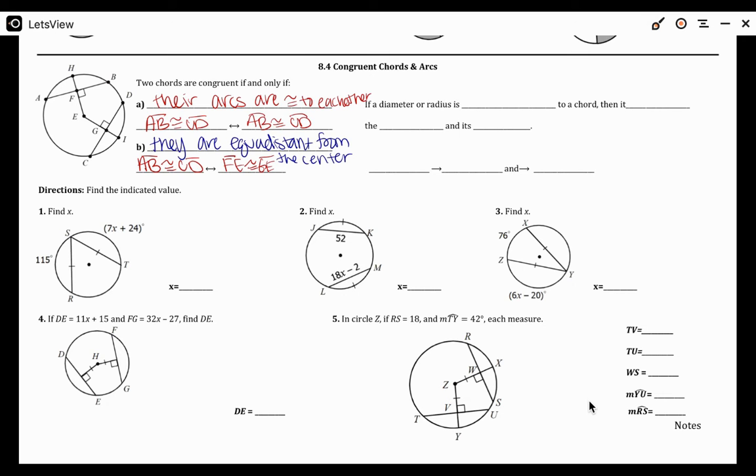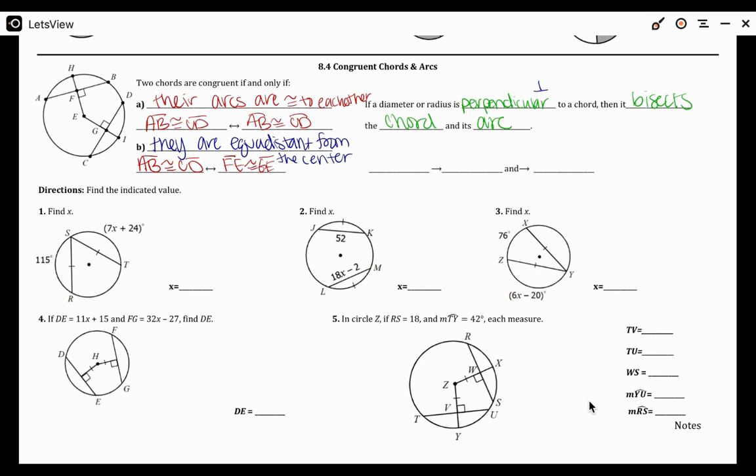Okay, a diameter, so if a diameter or radius is perpendicular to a chord, then it bisects the chord and its arc. So remember, perpendicular is this little symbol right here.